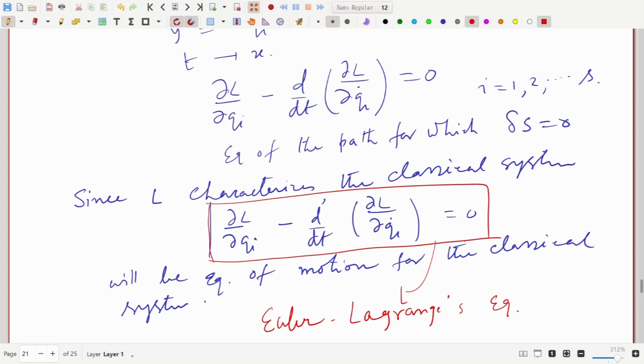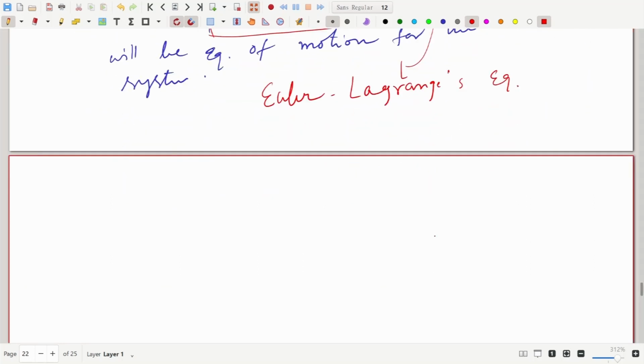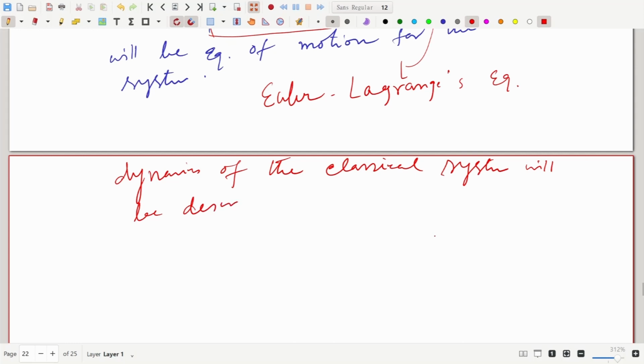The Euler-Lagrange equation describes the dynamics of the classical system.